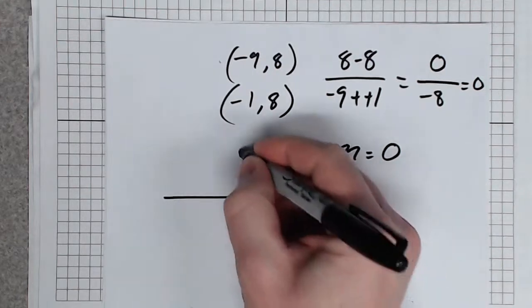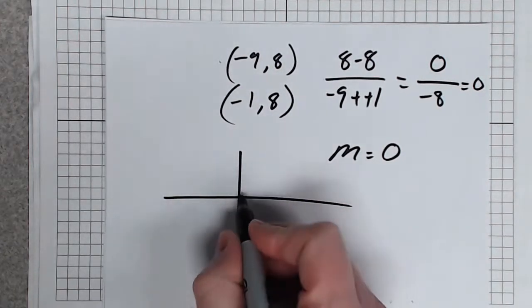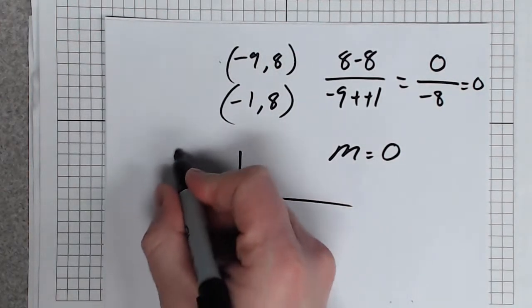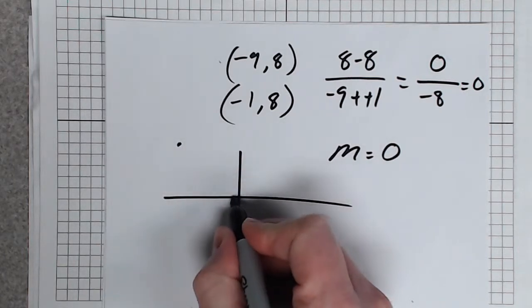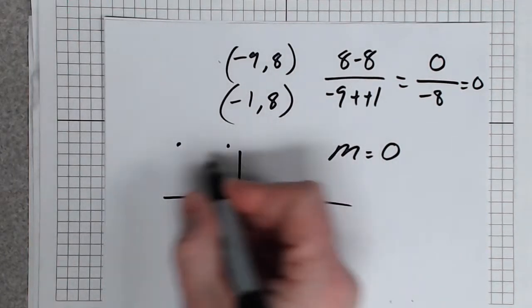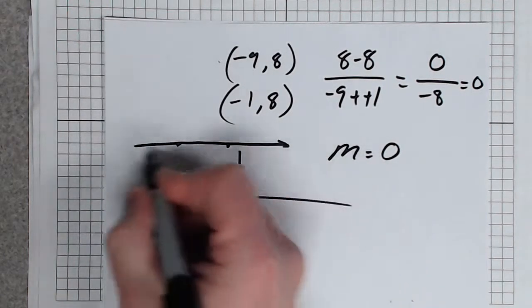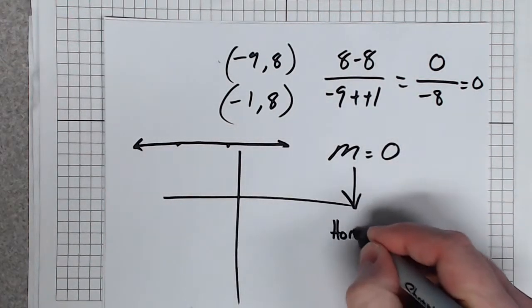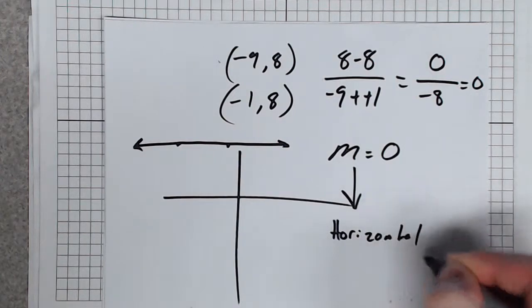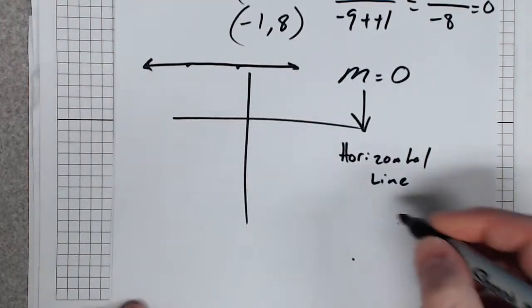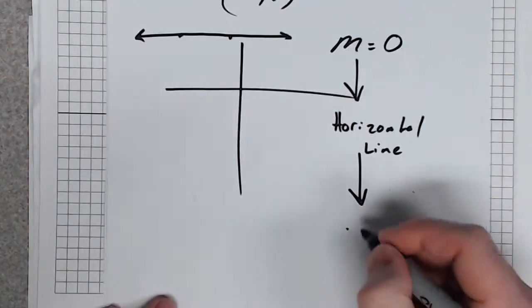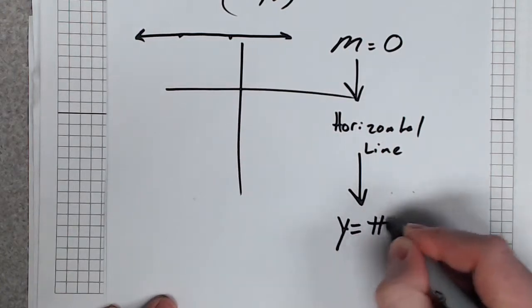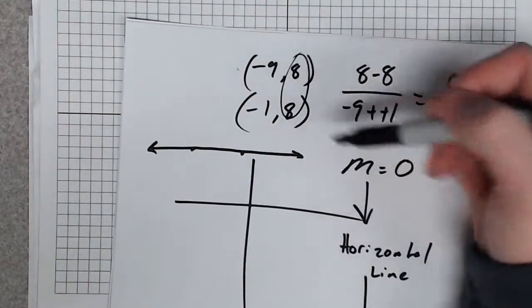But check out what this line would look like. I'm going to go back 9, up 8, over back 1, up 8. Horizontal line. Slope 0 is a horizontal line. You remember what we said about horizontal lines? Automatically, y equals a number. In this case, it was y equals 8.